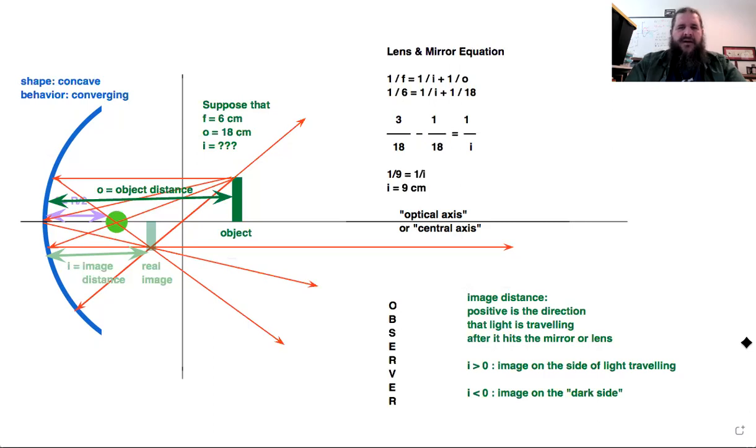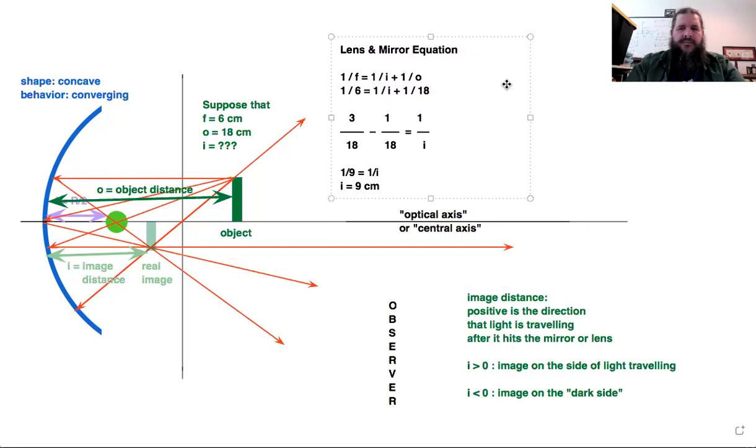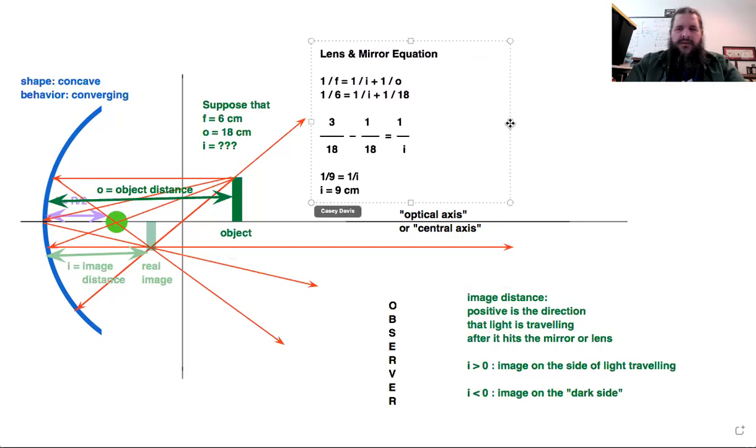Also, have you seen the idea of magnification? How do we define magnification here? What does magnification mean? Like, how would you calculate the magnification in this case?